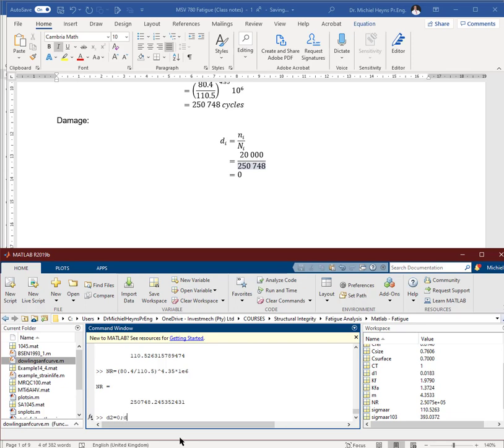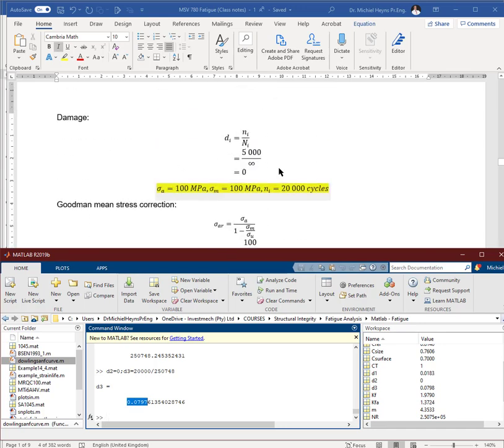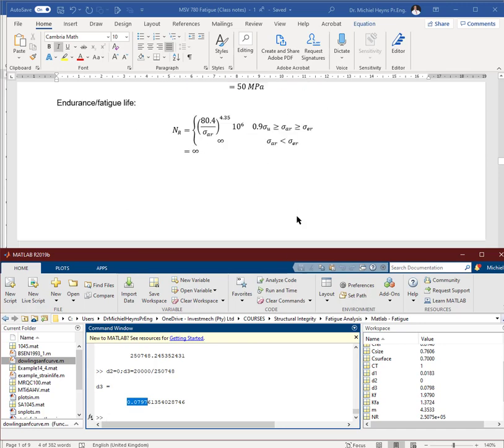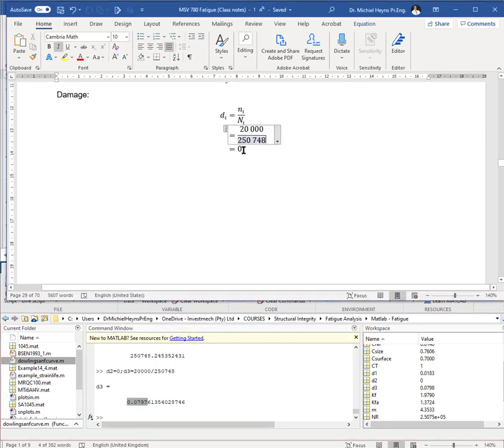And if I now calculate D3, in this case it is equal to 20,000 divided by 250,748, and that's equal to 0.07976. So that's the damage that we calculate in this case.